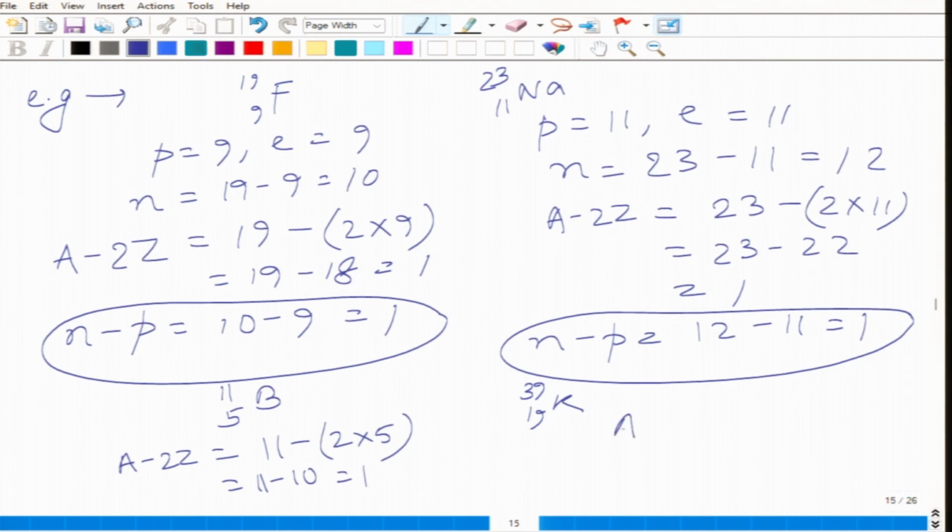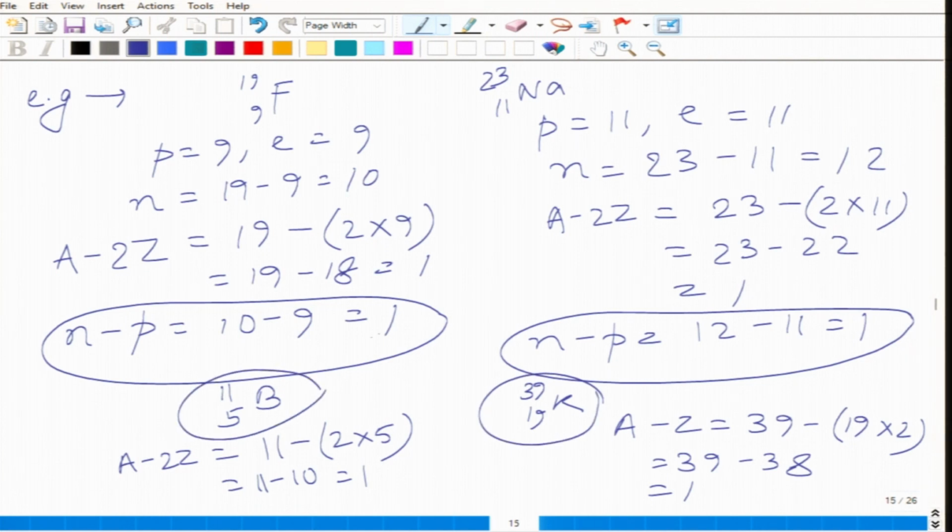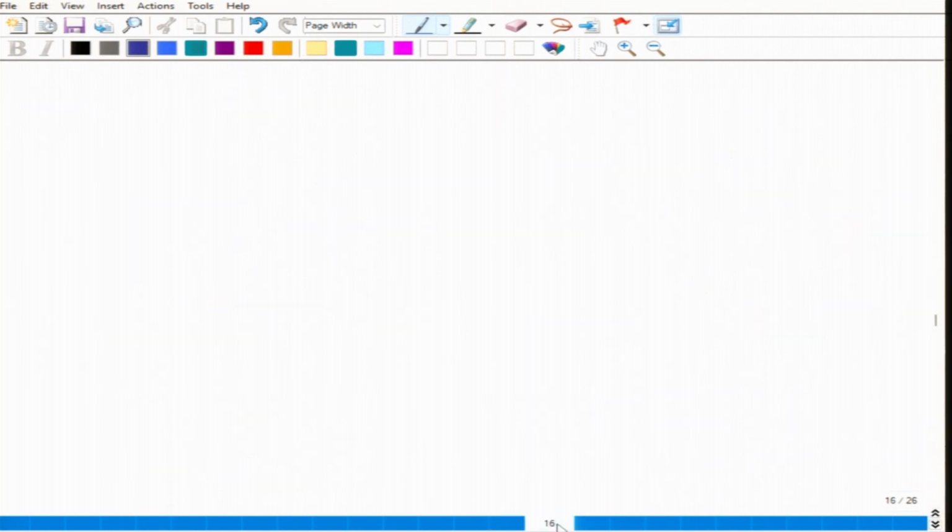For potassium, 39 minus 19 into 2, that is 39 minus 38, this is 1. So these are isodiapheres. Fluorine, sodium, boron, potassium, all of these are isodiapheres because all of them have n minus p equal to 1. So we have done isodiapheres.